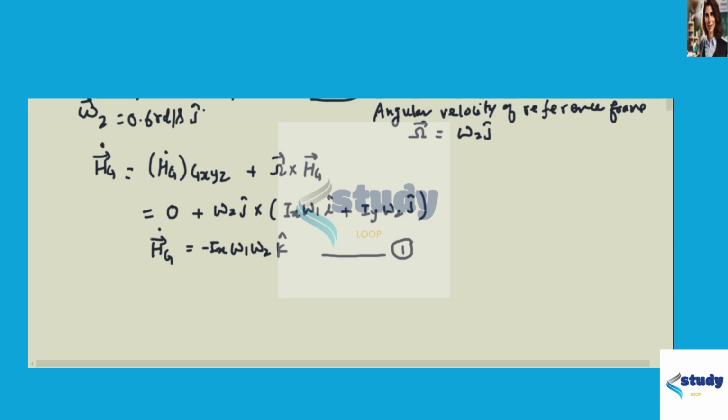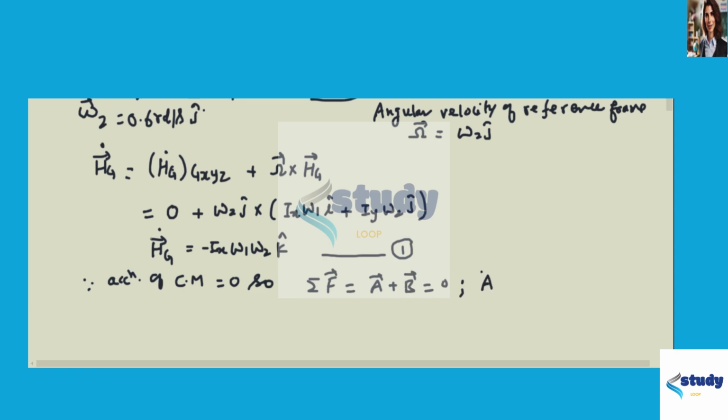Now, since the acceleration of the center of mass is 0, the summation of F, that is A plus B, must be 0.